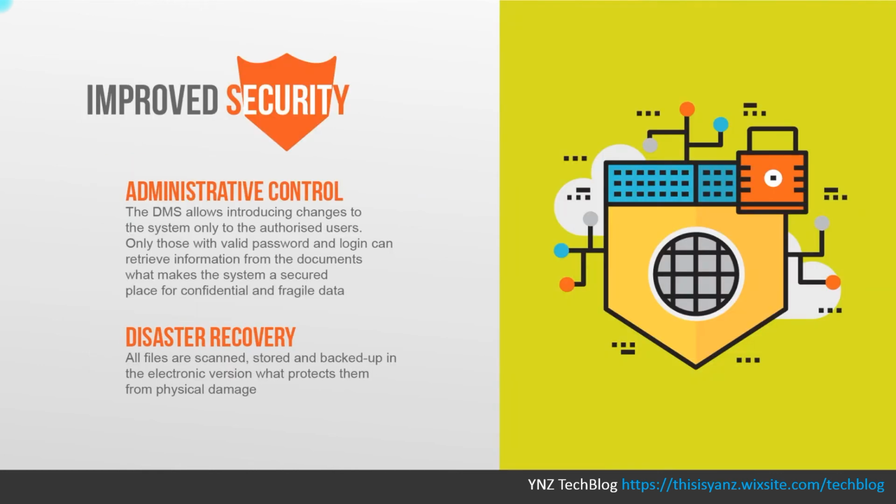The second is the security side. With the digital document, you can put the permission control, the administrative control. You can choose who can read, who cannot read, who can print, who cannot print, or everything else related to permission and security things. The other one is the disaster recovery.